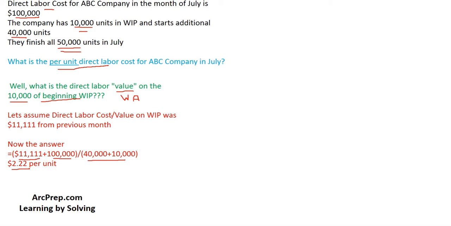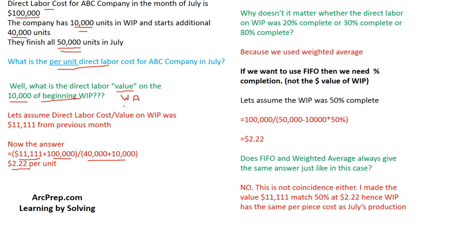As I mentioned, I needed the value for weighted average method. So if I wanted to use Fifo, I need to get the percent completion. But before that, why is it not important whether I'm given the beginning work in process inventory, whether that was 20% or 30% or 80% complete?